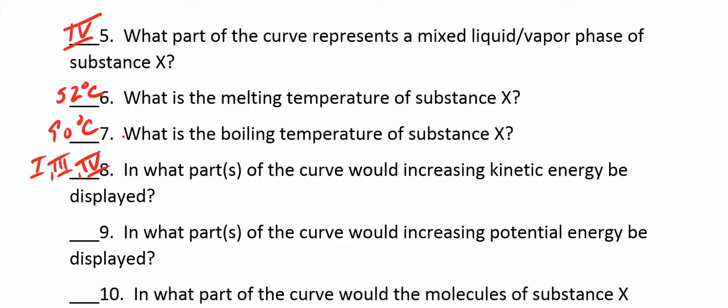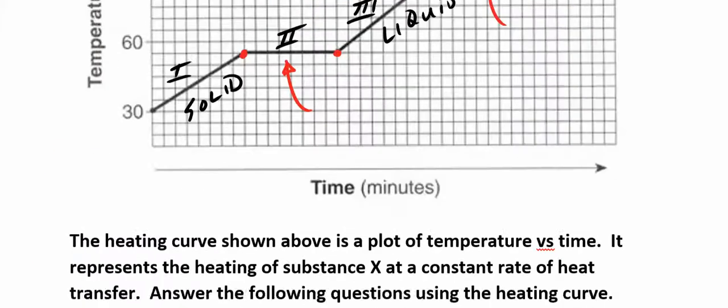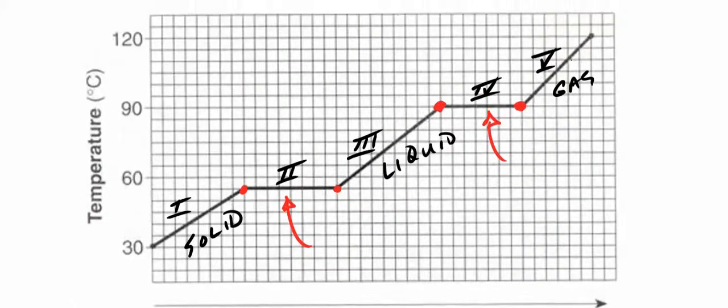In what part of the curve would increasing potential energy be displayed? Well, throughout the curve, at all times we're putting energy into the system. We know kinetic energy is causing the increase in temperature here, here, and here. But at 2 and 4, we're also putting energy into the system, but the temperature isn't rising.